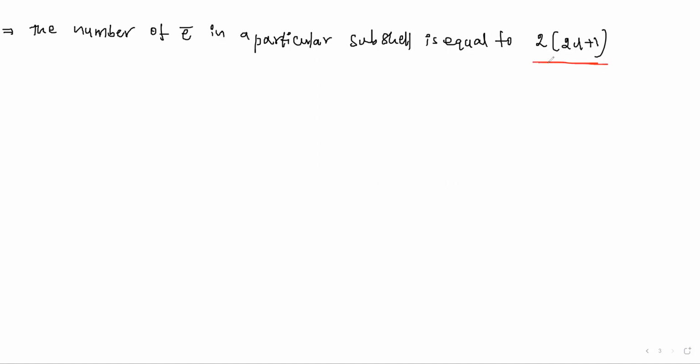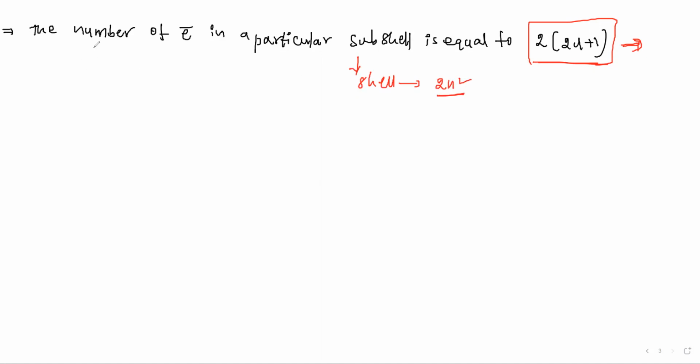This is the formula for the maximum number of electrons in a particular subshell. But the maximum number of electrons in a shell, with the principal quantum number, we discussed already: 2n square.